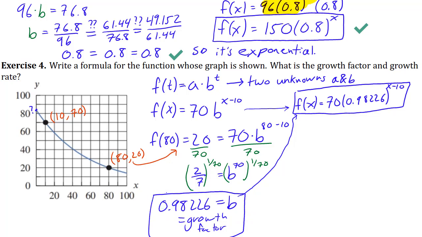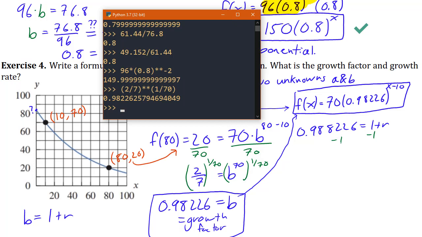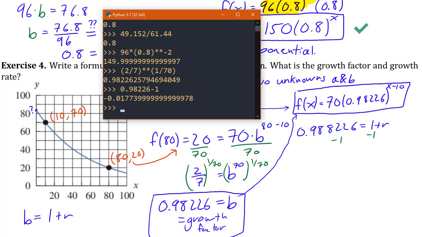And the growth rate, to get that, we use the fact that b is always equal to 1 plus r. So that means 0.98226 is equal to 1 plus r. If you subtract 1 from both sides, you'll get negative 0.01774.